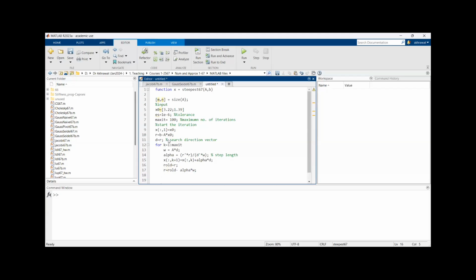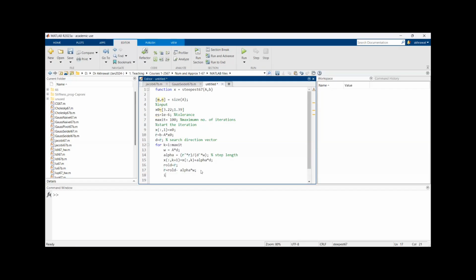Now we have the residual here. In the first iteration, you get the residual from here. We assign it to the old value, and then you update the residual vector by this. Okay.